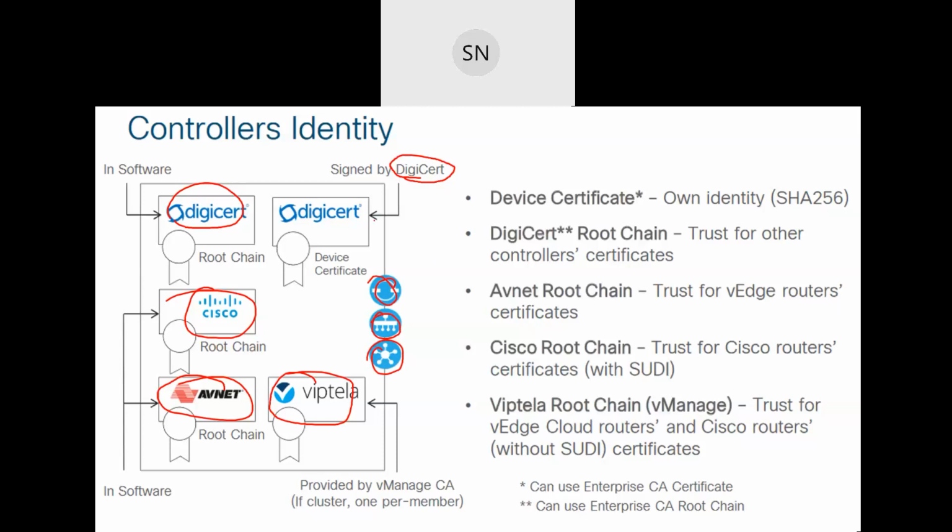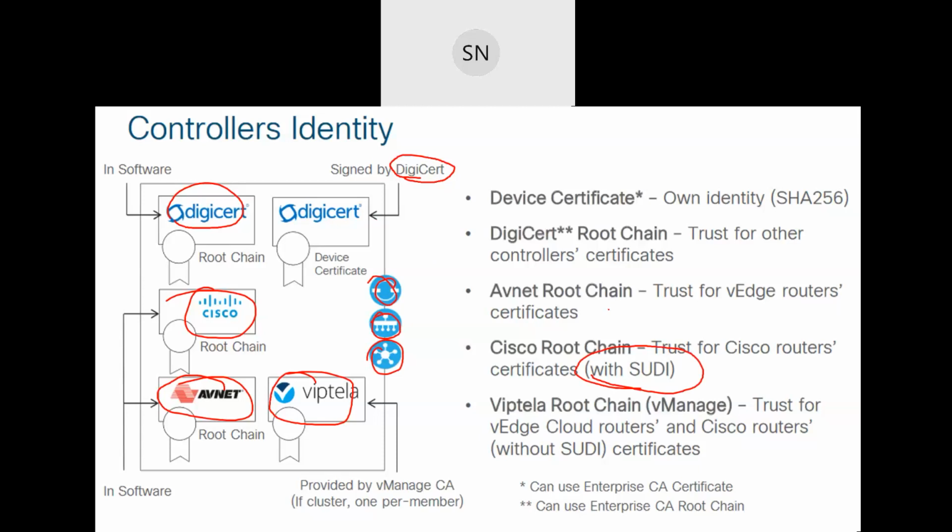And then without the SUDI, let's say during the initial migration where Cisco is trying to bring up SD-WAN within the Cisco IOS XE routers, a few of the hardware devices don't have the SUDI chip.